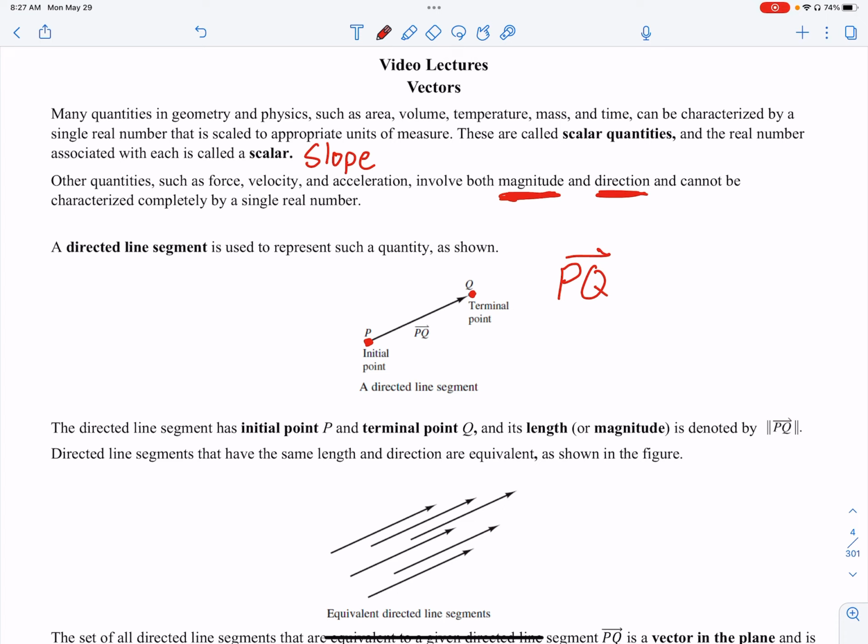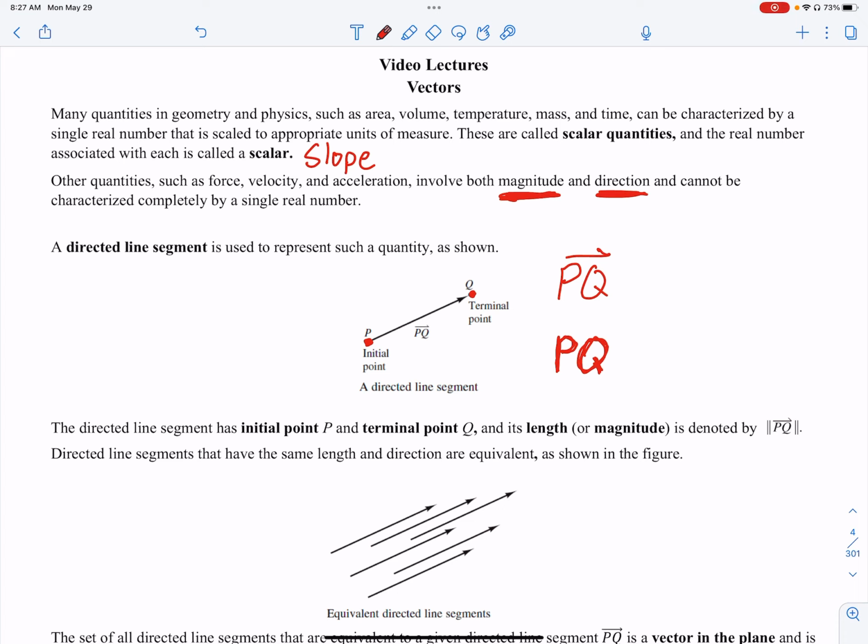You will also see this written down below. I can't write in boldface, but we can represent the directed line segment PQ as bold PQ. I don't want you to do this ever on your paper. I would rather you do this. But in the book and in my typeset, I'm going to interchange these two often because I want to get you used to it.